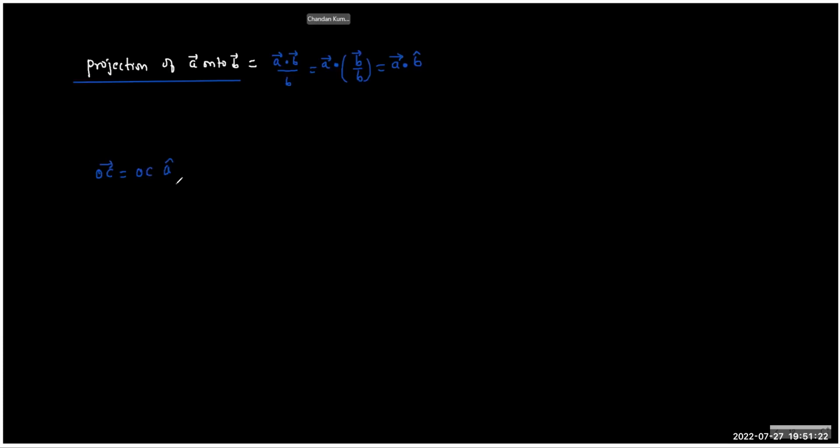You multiply the vector with the direction, it becomes a vector quantity. Yes or no? Yes, sir. So basically, direction of OC is same as A vector. So can we write OC upon OC modulus is A upon A modulus? The same old definition. If you may remember the thing we did earlier.